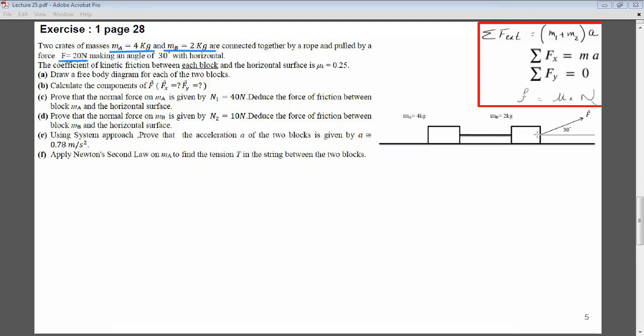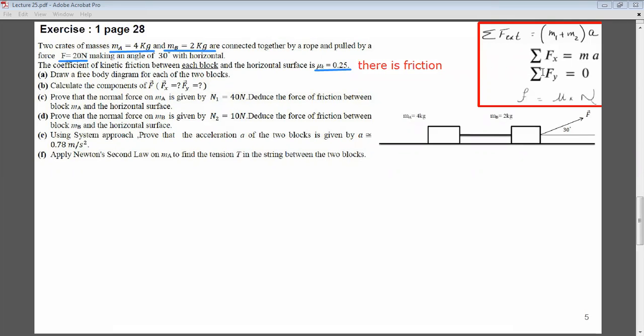This F is making an angle of 30 with the horizontal, so there is an angle involved. The coefficient of kinetic friction between each block and the horizontal is mu k equals 0.25. This means there is friction, and I have to take it into consideration.